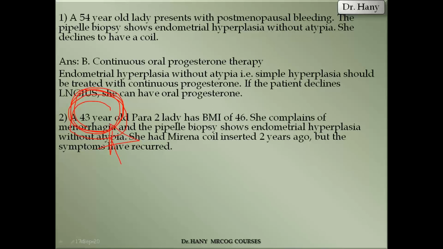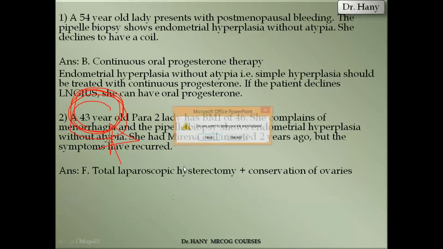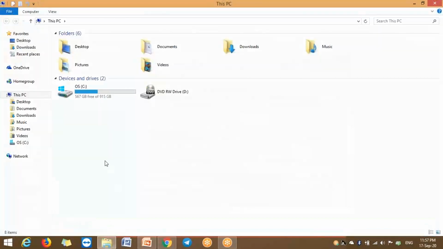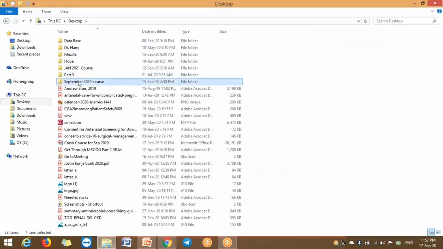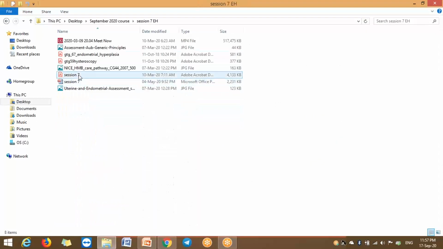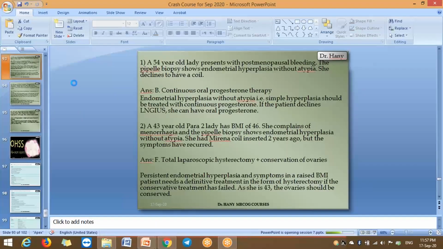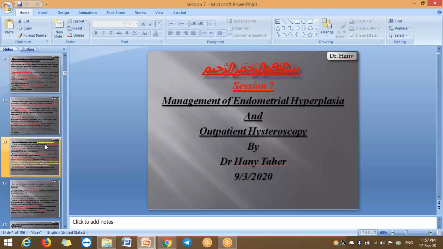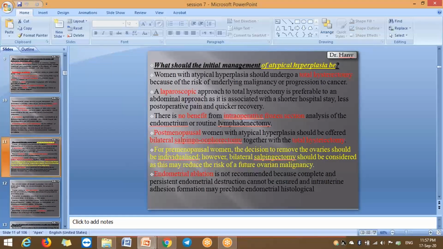You see here? Sorry, what's the age limit for removing the ovary in this case? I will highlight it within a second. I know this by heart, I just want to tell you. For perimenopausal woman, the decision to remove the ovaries should be individualized.